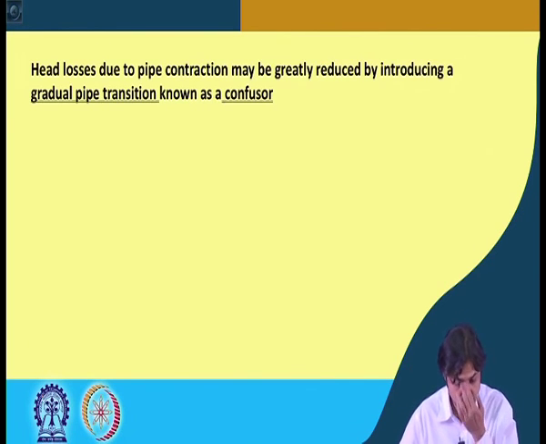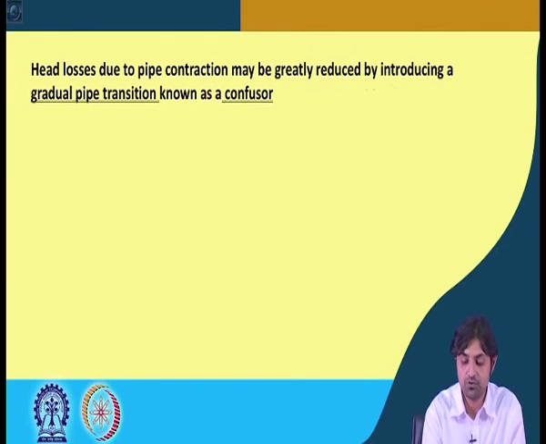So, head losses due to pipe contraction may be greatly introduced. Due to sudden contraction there is going to be head losses. Now, our aim as an engineer is to reduce those head losses, correct, and that can be done by introducing a gradual pipe transition called confusers.